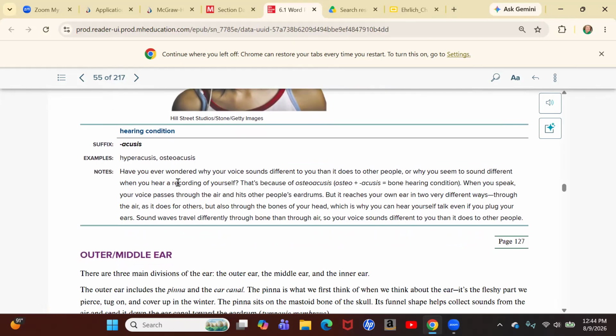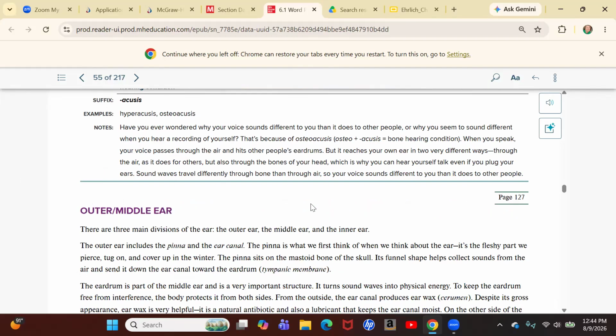When you have hearing conditions, that can be a suffix known as acusis here. So hyperacusis, excessive hearing condition, or osteoacusis. The term osteo means the bone. So these are the bones of the middle ear that can lead to an abnormal hearing condition.